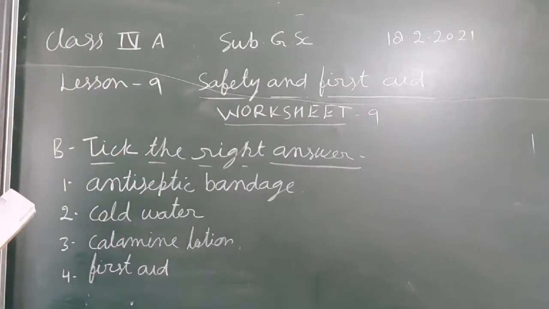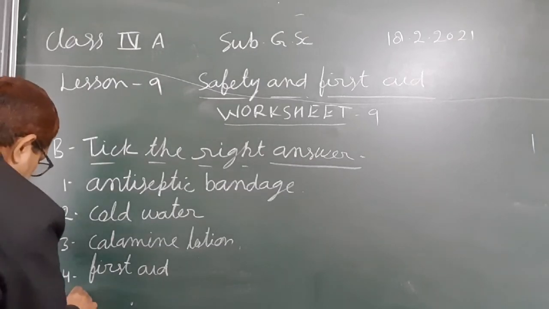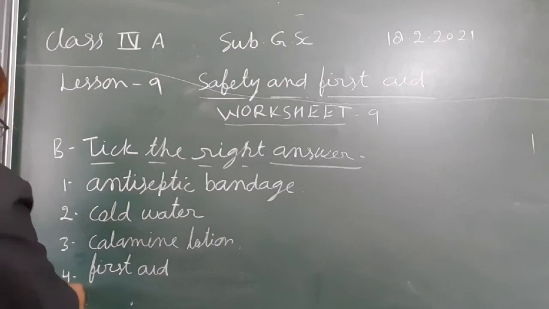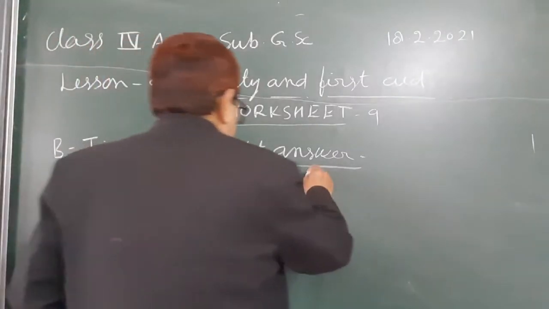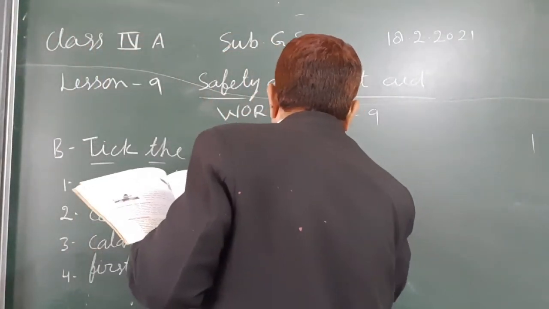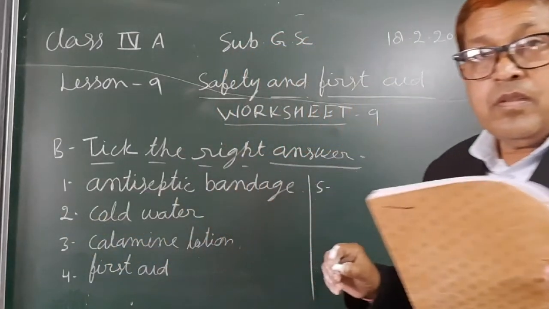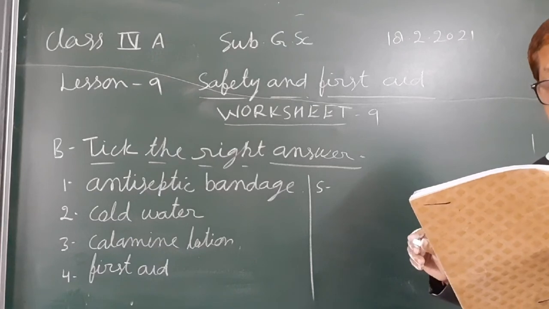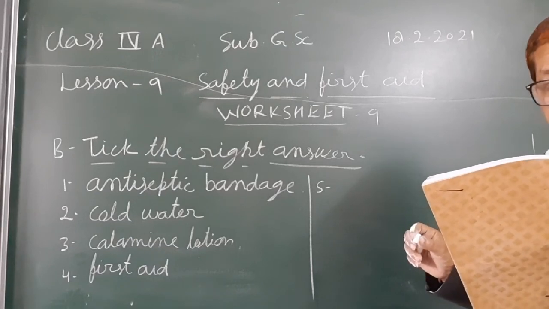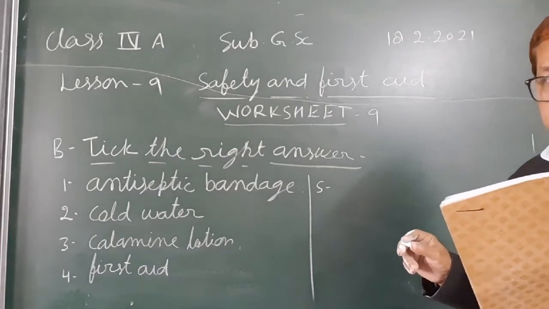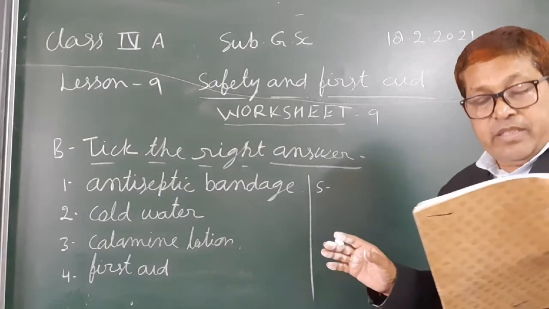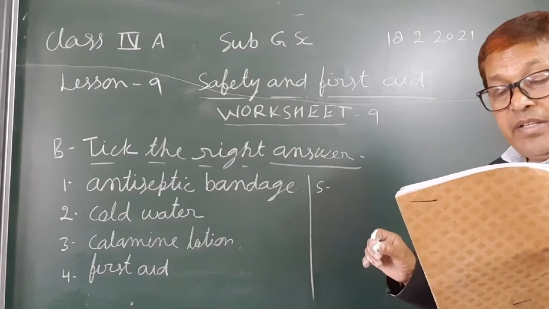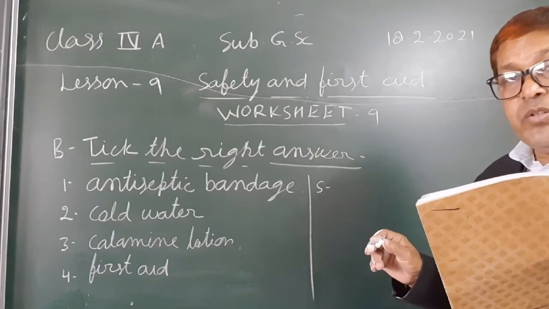Now fifth, in case there is no footpath, we should walk. If there is no footpath, then we should walk in the middle of the road or along the edge of the road.